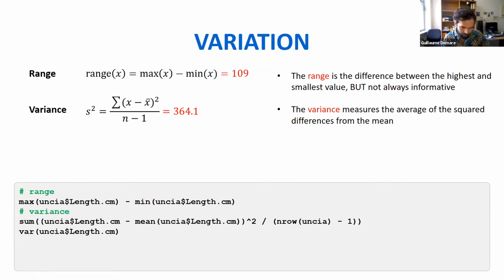Wait, did I make a mistake? I think that's fine. Okay. Yeah, no, I think the square should be somewhere else. Oh, my bad. I think the square should be inside the square bracket. Anyway, you can check whether you get the same answer here or not. Otherwise, it means I made a typo, and that square should be inside, between these two brackets here, I think.